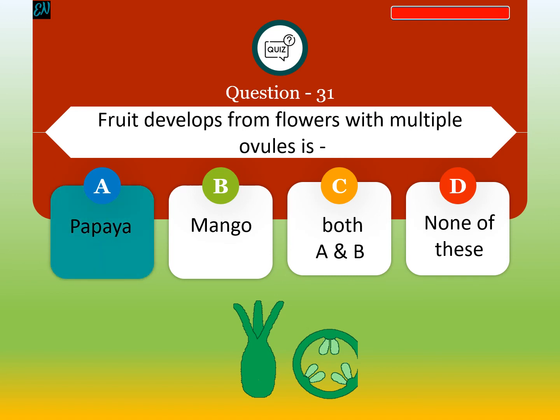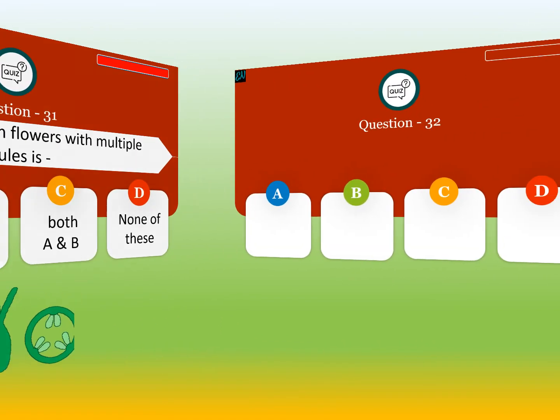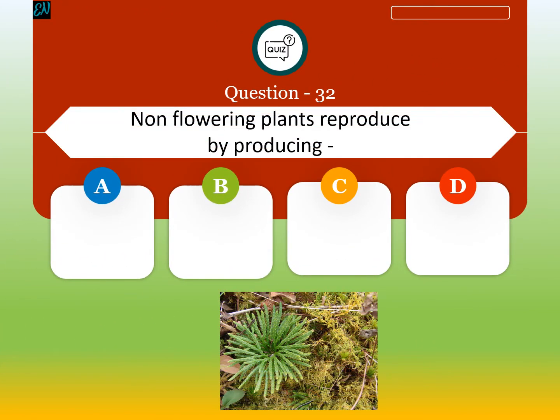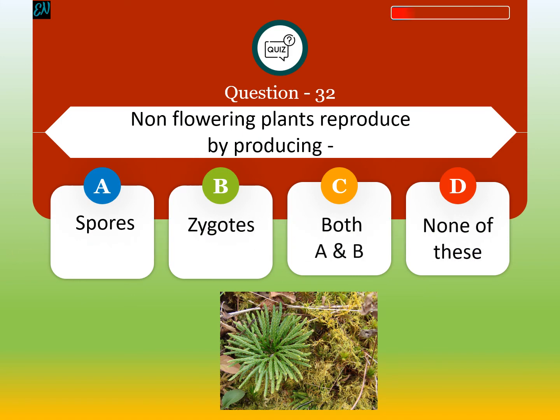The correct answer is papaya. Non-flowering plants reproduce by producing spores, zygotes, both A and B, none of these. So they are reproducing by producing spores.